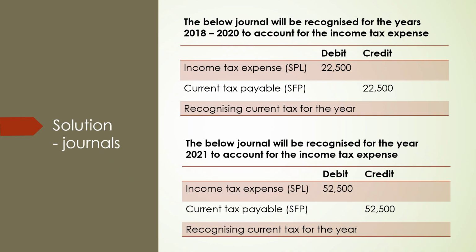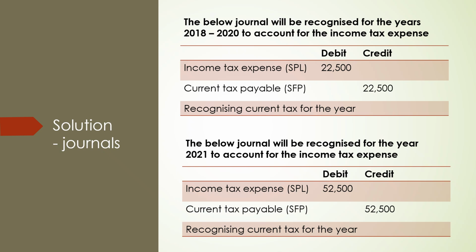So let us now look at the journal entries that would be provided to account for the income tax expense. For the years 2018 to 2020, we would debit income tax expense with 22,500 and credit the current tax payable with 22,500.